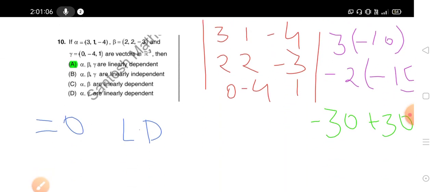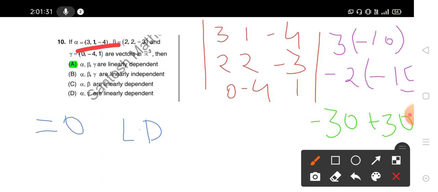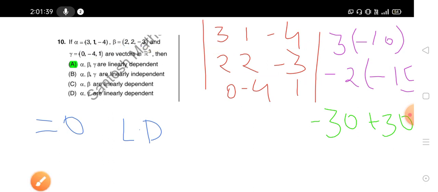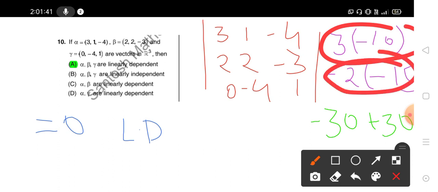Next question. If alpha equal to (3, 1, minus 4), beta equal to (2, 2, minus 3), and gamma equal to (0, minus 4, 1) are vectors in R cube, then given options: alpha, beta, gamma linearly dependent, independent; alpha, beta linearly dependent, independent; alpha, gamma linearly dependent. Now check: write the matrix with rows 3 1 minus 4, 2 2 minus 3, and 0 minus 4 1, and find the determinant.